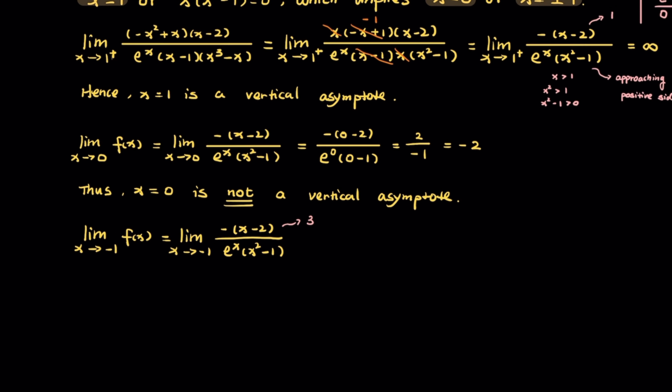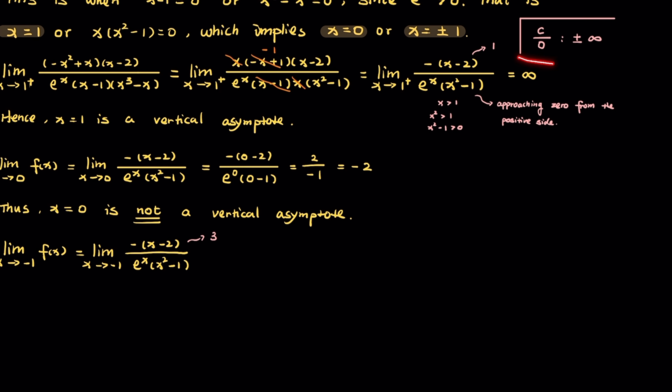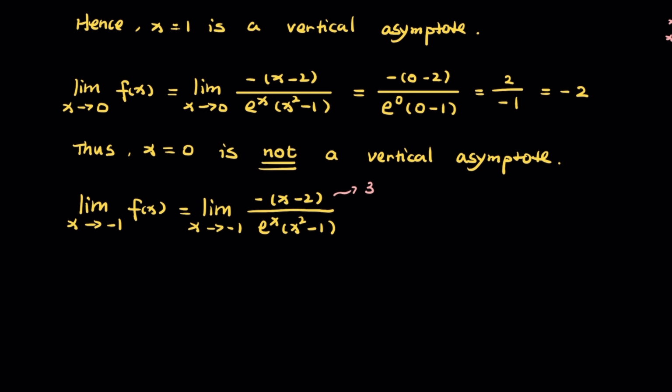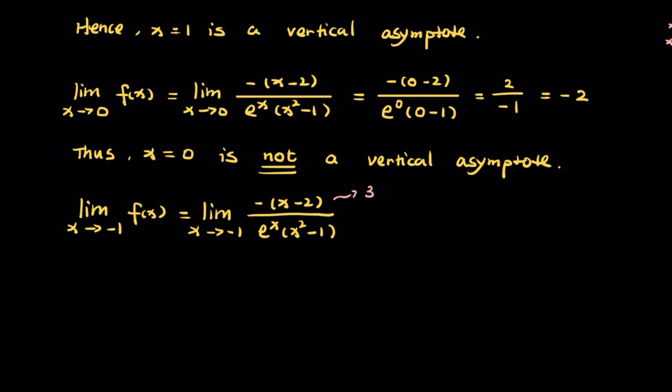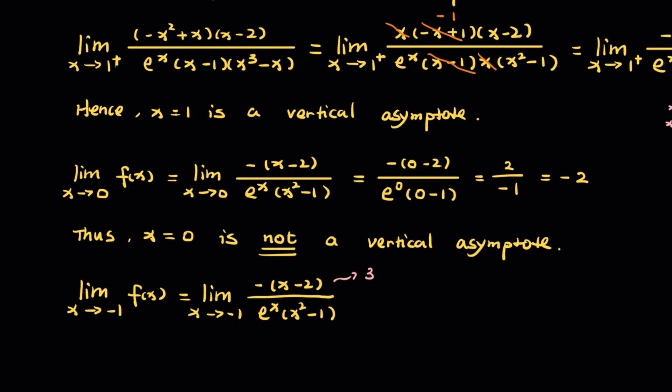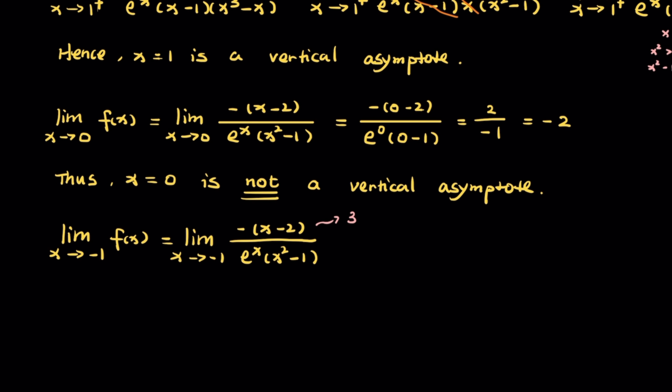So again, we have a constant over 0 case. It's plus or minus infinity, which means I need to discuss the one-sided limit. Here, again, you can do the positive side or the negative side, it does not matter. Because last time we did the positive side, let's do the negative side this time. So add a minus here.